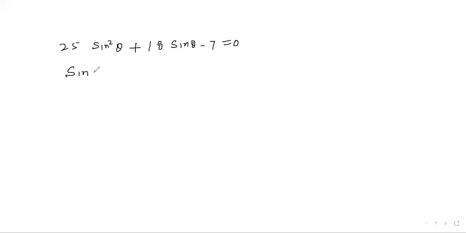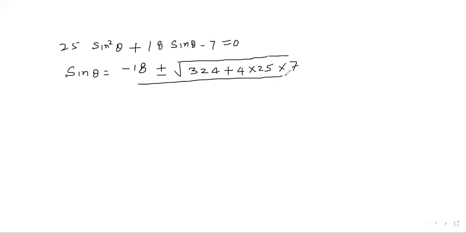So sine theta equal to minus b, means minus 18 plus minus root of b square, 18 square, that's 324, minus 4 AC, 4 into 25 into minus 7. So this will become plus 7. Divided by 2a, 2 into 25. So minus 18 plus minus root of 1024 divided by 50. Because square root of 1024 is 32.